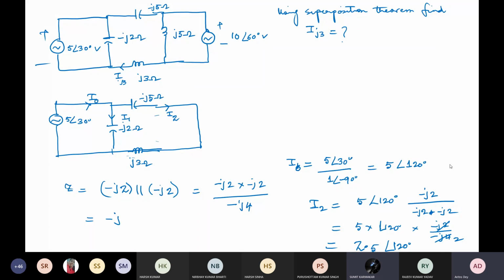And don't try to draw the phasor diagram here, and don't try to solve it from the point of view of the phasor diagram, because you'll be lost in that case. It is better to always follow the Cartesian coordinate approach, Cartesian to polar, polar to Cartesian, that conversion in the complex plane, and then it will be easier for you to solve the circuit.